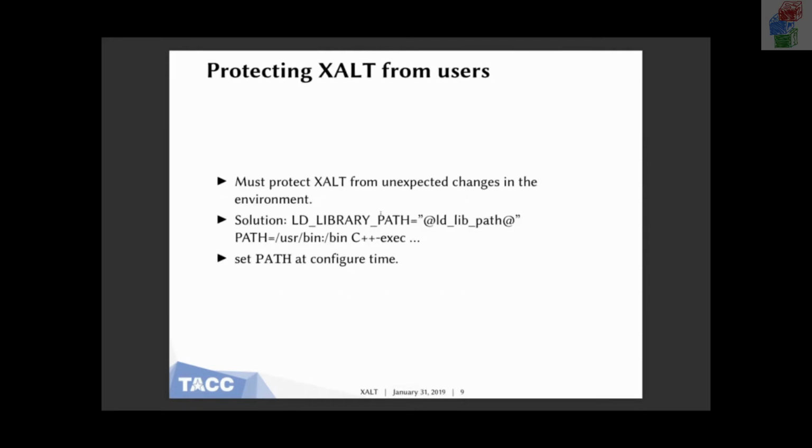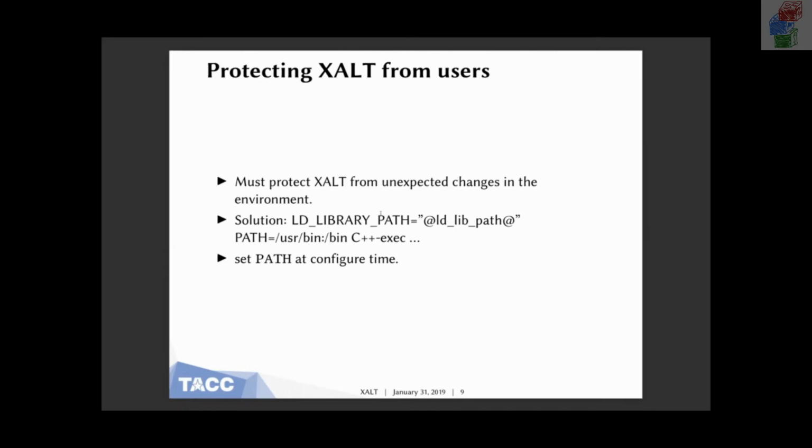One of the problems with XALT is that it's running in the user environment, at least the data collection or data generation side. So you've got to protect XALT from unexpected changes in the user's environment.